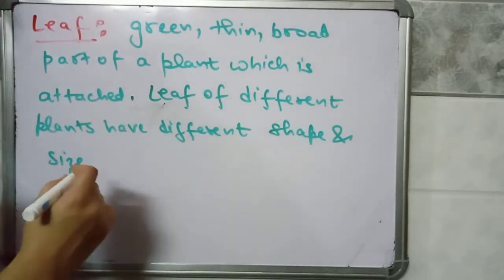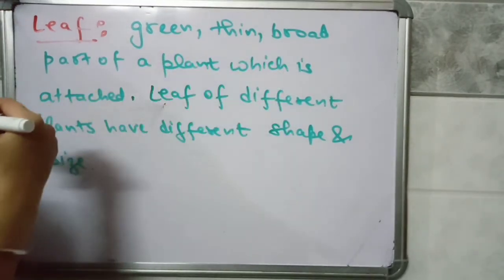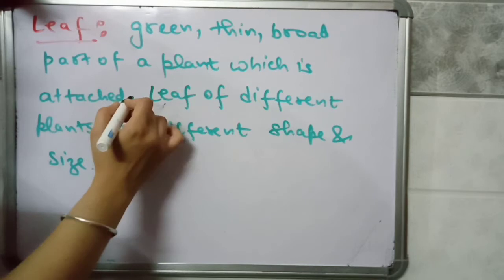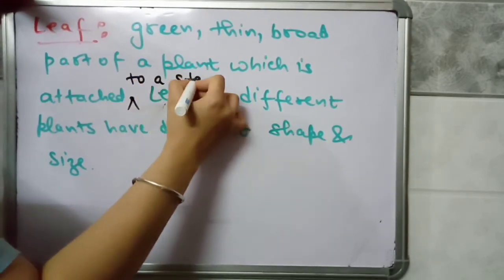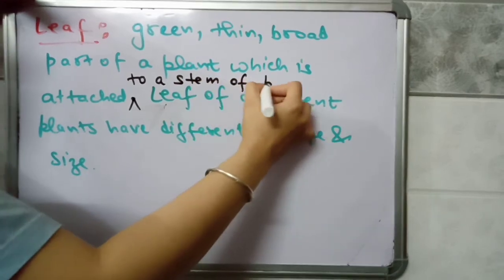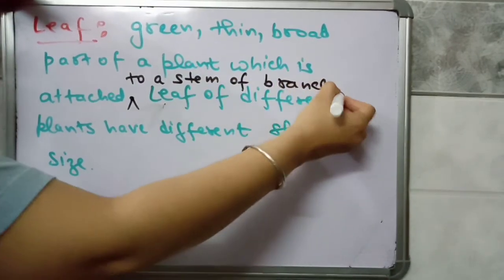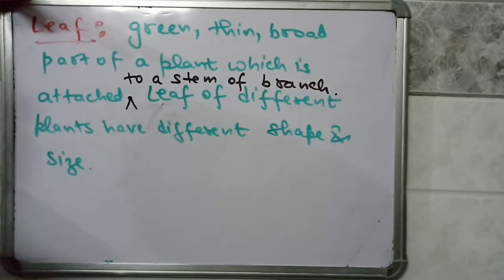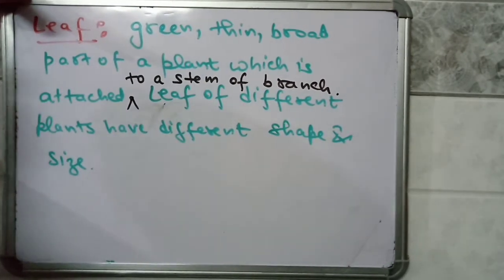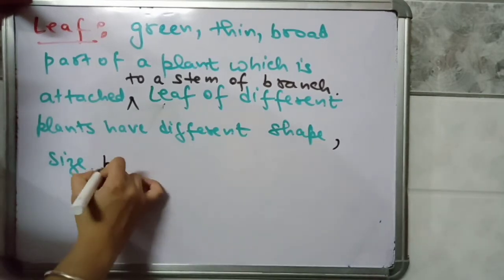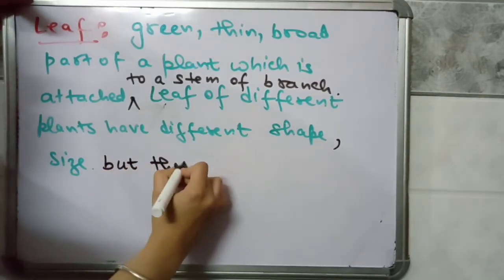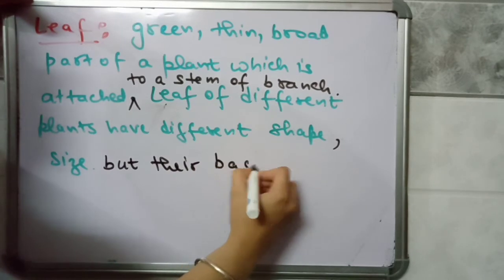A leaf is a green, thin, broad part of a plant which is attached to a stem or branch. Leaves of different plants have different shapes and sizes, but their basic structure is similar.